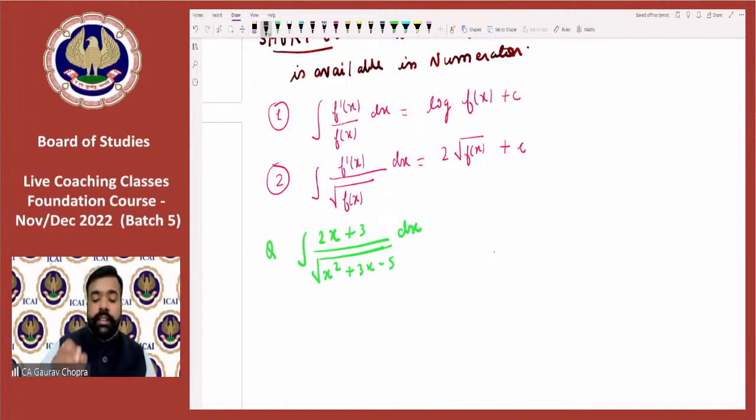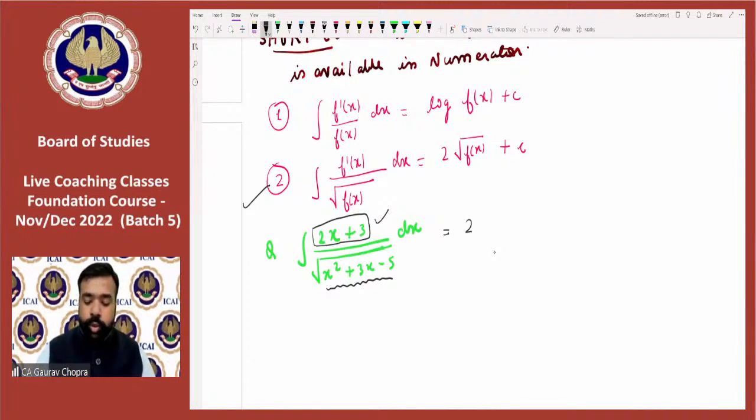Here the second shortcut is applicable because in denominator inside root there is a function, and if we differentiate this function, that is 2x plus 3, that is available in numerator. The differentiation of denominator is available in numerator. So we can directly write our result as 2 root of x square plus 3x minus 5, and then at last we can add the constant c. That's it. Just one step and we can get the answer.